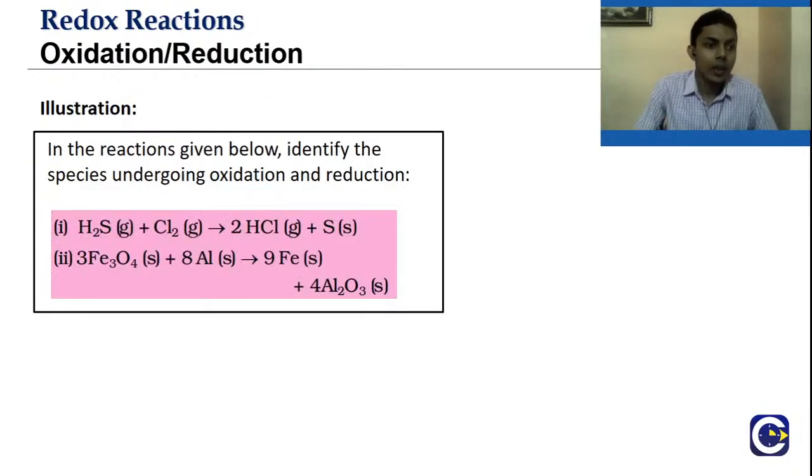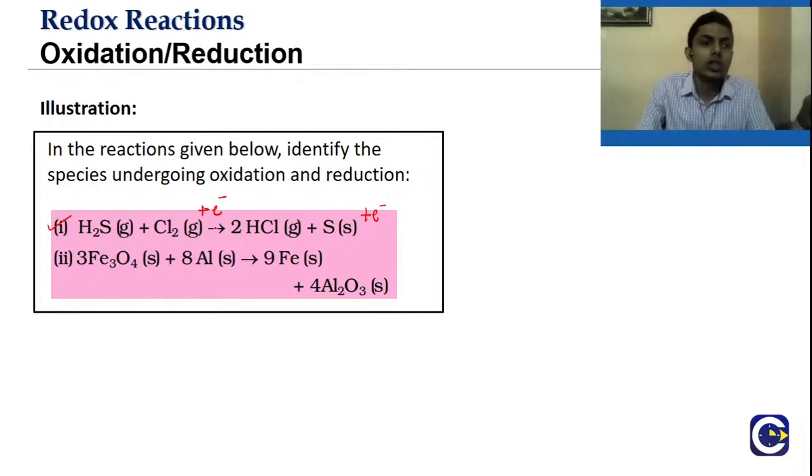In the given two equations, maybe you can take the first equation first. Try to find out which one is undergoing oxidation, which one is undergoing reduction. Always remember, if there is no electron mentioned, plus e minus, on the reactant side or product side, then it has to be an oxidation reduction or redox reaction. Got it?